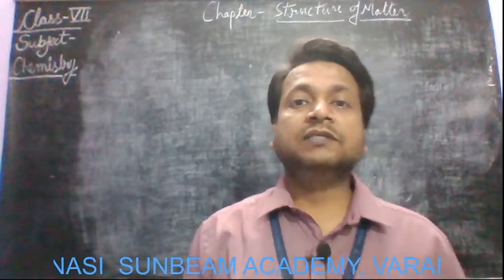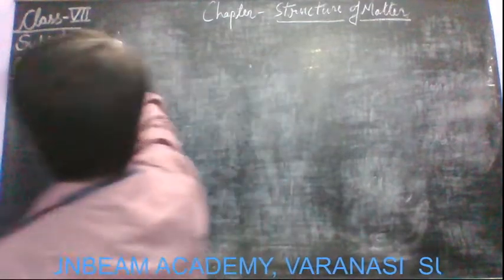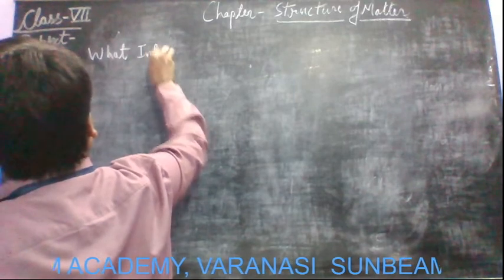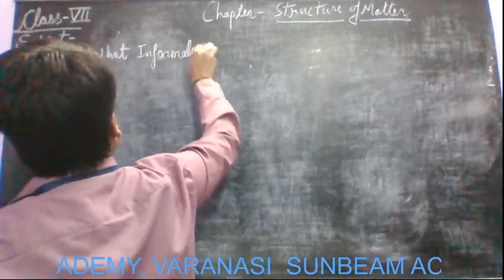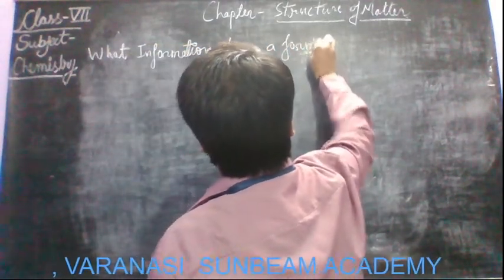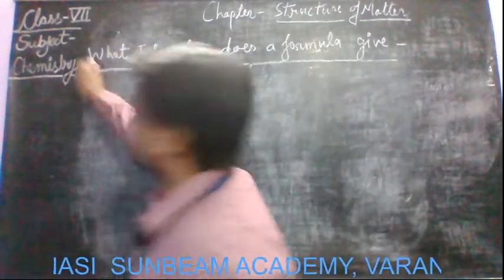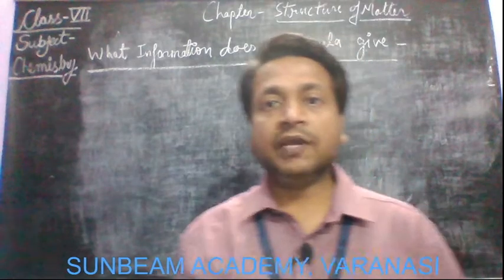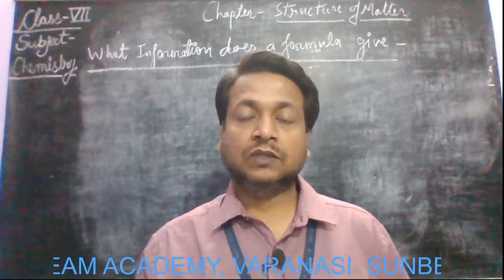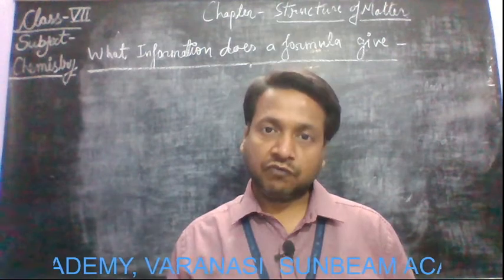Our next topic is, what information does a formula give? Children, we have already explained the formula, and here the formulas of different compounds are going to provide certain information to us.